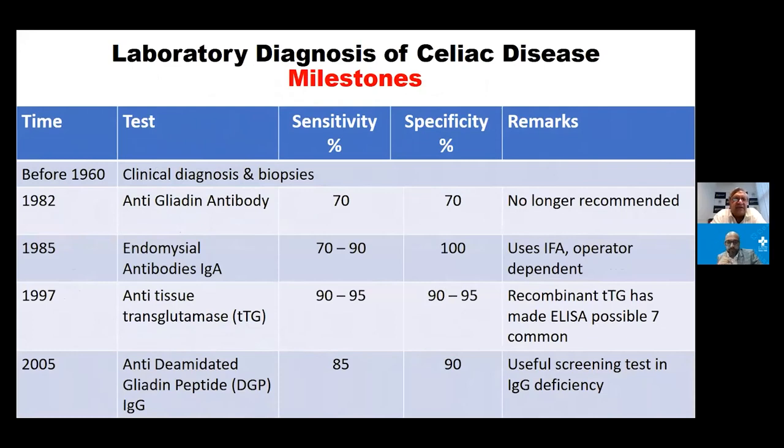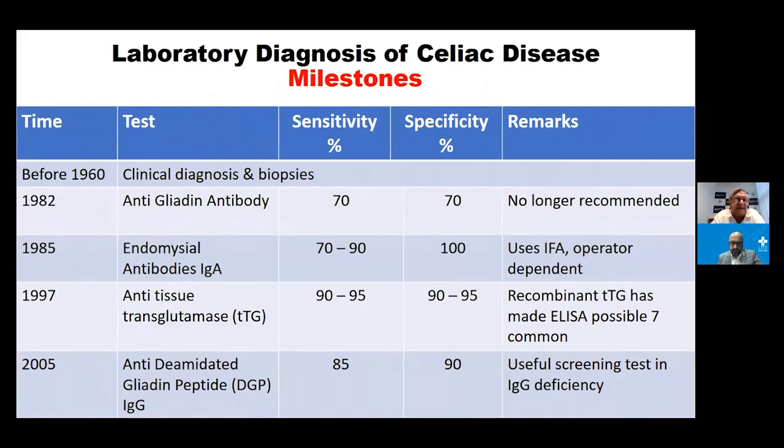So the milestones in diagnosis were, after this, in 1982, anti-gliadin antibodies became available, but they had low sensitivity and specificity, leading to a large number of unnecessary biopsies. So anti-gliadin antibodies are no longer recommended.